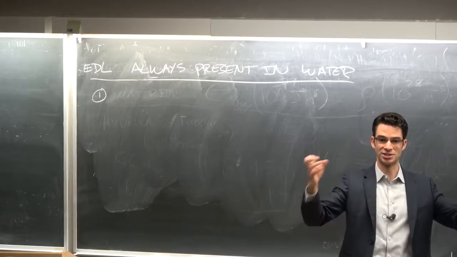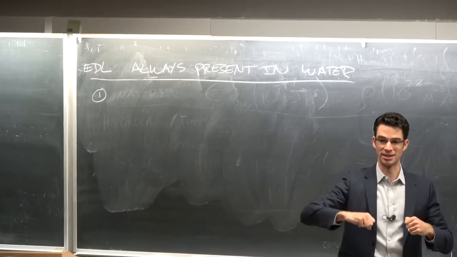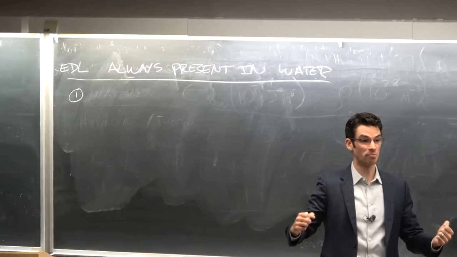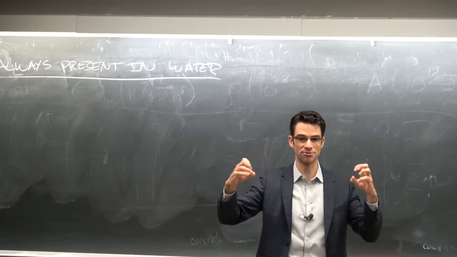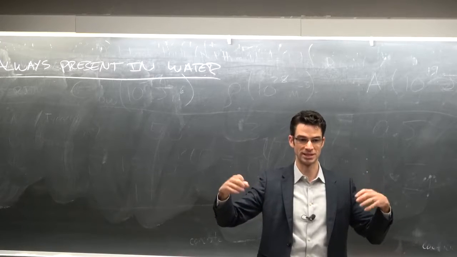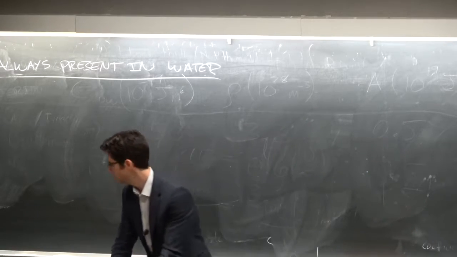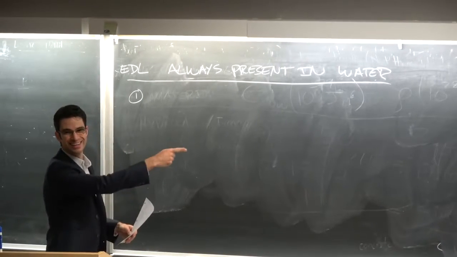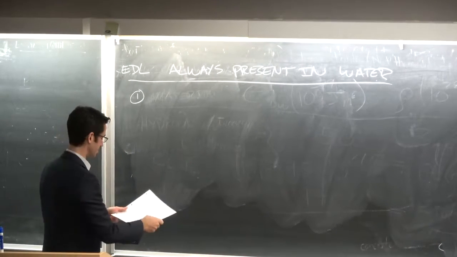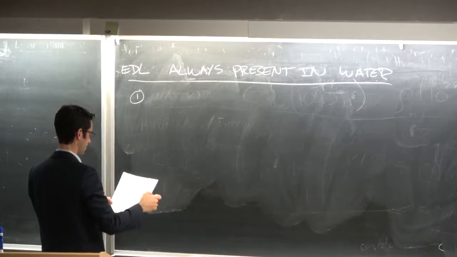And then you have H3O plus ions around it, and those are the counterions. They're not bound that tightly. They're bound a little bit electrostatically, but they can float away a little bit because of entropy, which is the first clue as to why this analogy also leads to the explanation for the EDL forces.